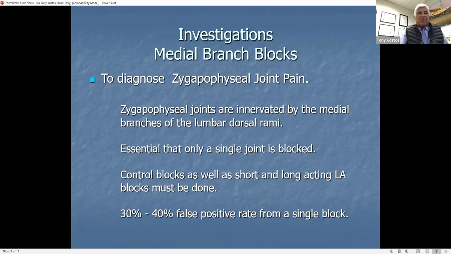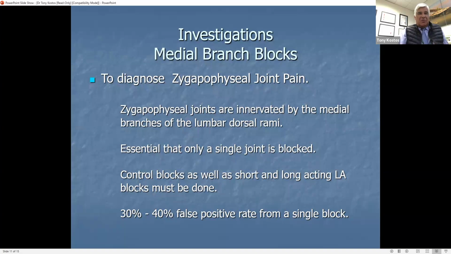And a chap called Freiermuth did a study trying to correlate the results of bone scans and SPECT-CTs with medial branch blocks and found no correlation. So if you see a request coming through from a surgeon or a pain specialist saying, oh, we've got SPECT-CT changes, we want to do medial branch blocks, you know that they don't understand the evidence.